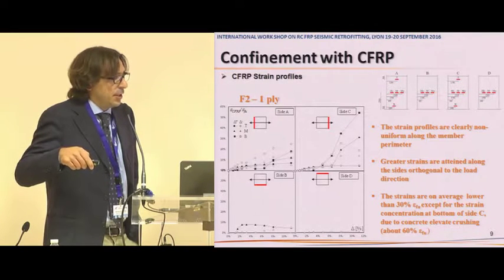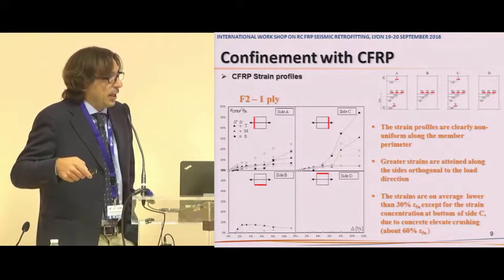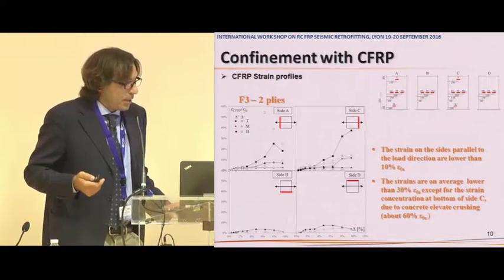While on these two sides, obviously, the strains were lower than in the other two sides, and this tells us that the strain profile are strongly non-uniform around the FRP.